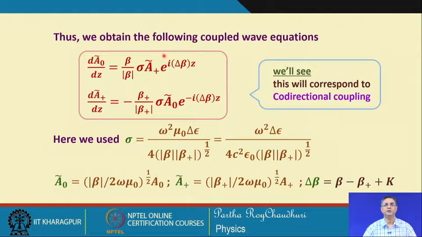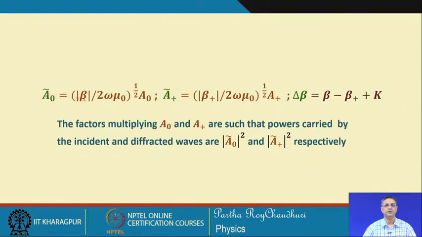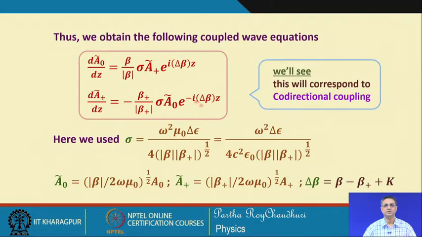So, this delta beta appears here, here also delta beta appears. So, this situation will correspond to co-directional coupling, that is the incident beam and the diffracted beam, they will be in the same direction. We will see how it happens, and A 0, A plus, delta beta, they are all defined here in this equation. So, these are the coupled equations which couple A 0 to A plus, that is incident beam to the first order coupled beam.